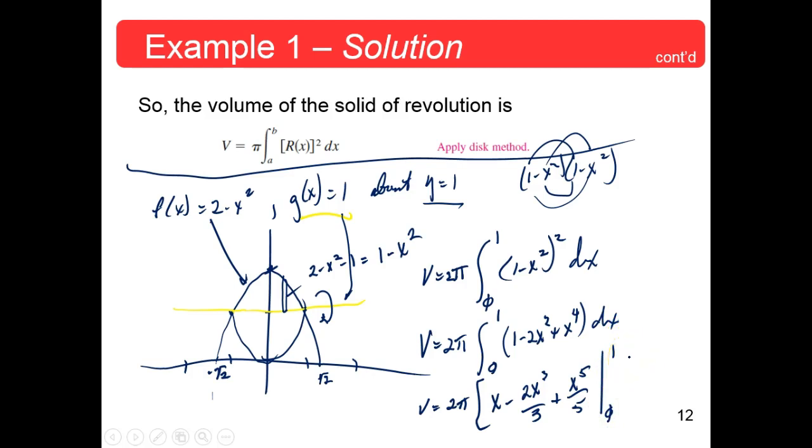This isn't going to be too awfully nasty, I don't think. I just need more room to write, so I'm going to come up here at the top. That would be 2 pi times, when you put a 1 in there, what do you get? 1 minus 2/3 plus 1/5. Okay, and the rest is just fractions, and don't we love them?